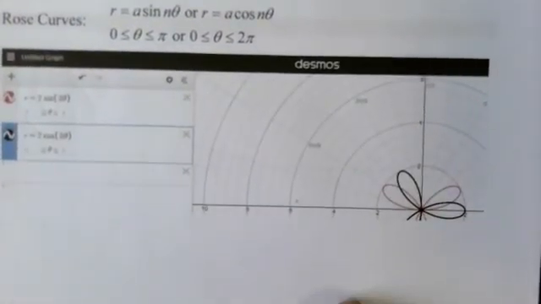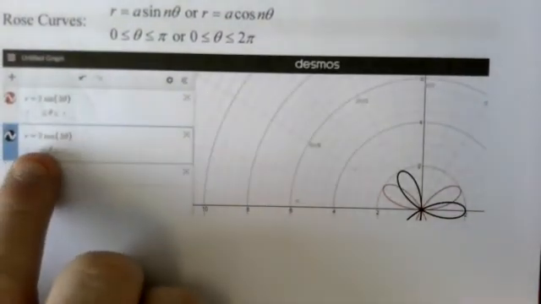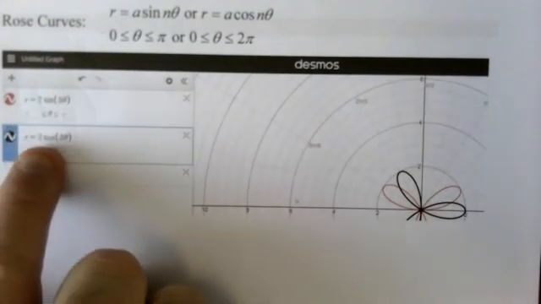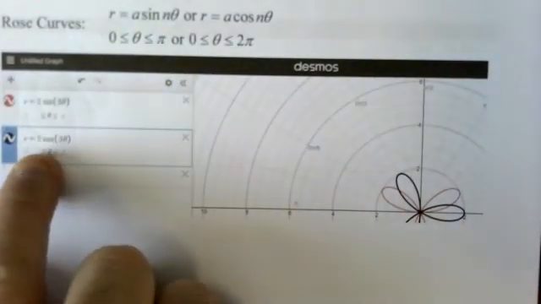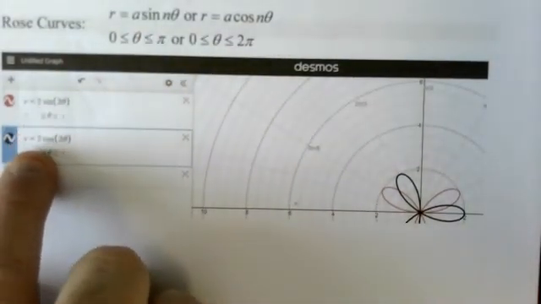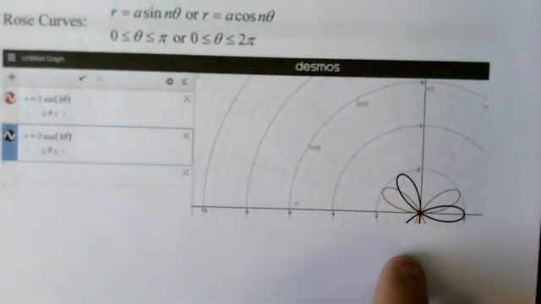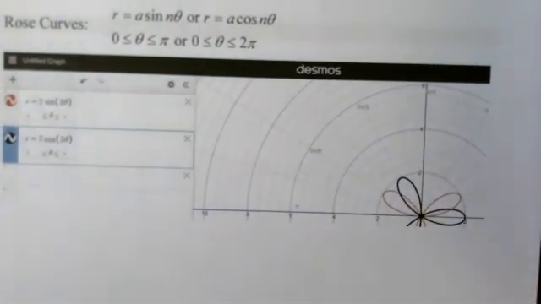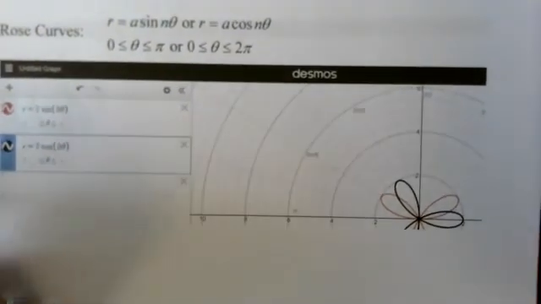Then you could have rose curves like we showed you. 2 sine of n theta. You can put whatever you want in there. I think I put a 3 in there and 2 cosine of 3 theta. These got cut off a little bit, but not too bad. You just graph them, see what they look like. I don't have any of these memorized at all, so don't get hung up.